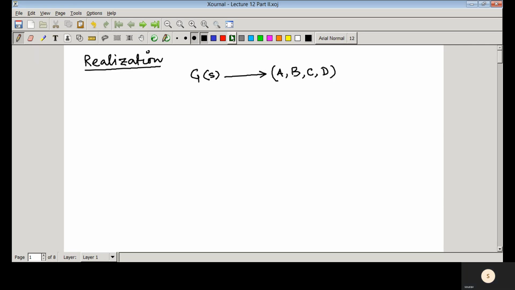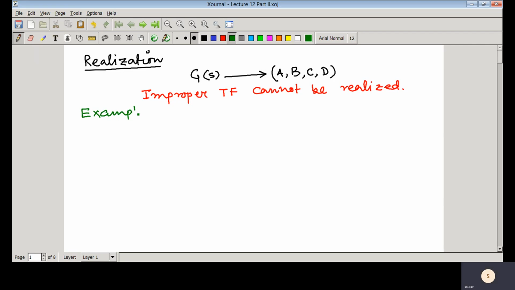And an improper transfer function cannot be realized. This we have discussed in detail in the last lecture. So today we'll be solving some problems.